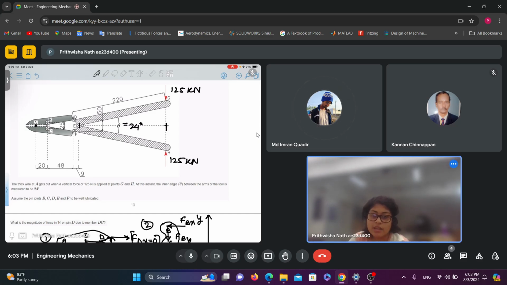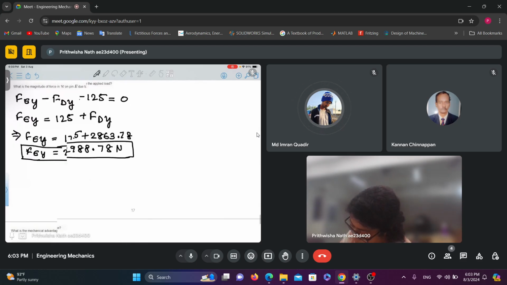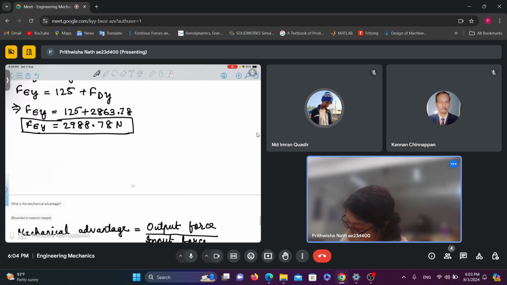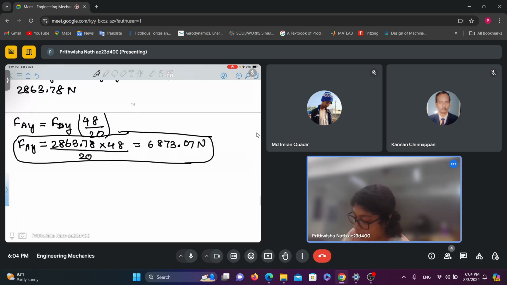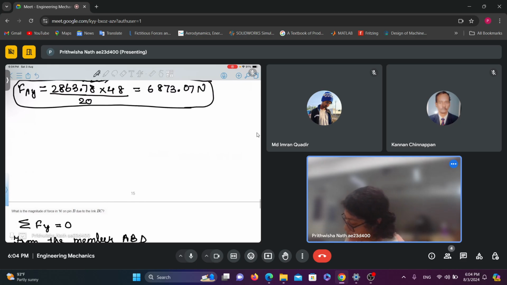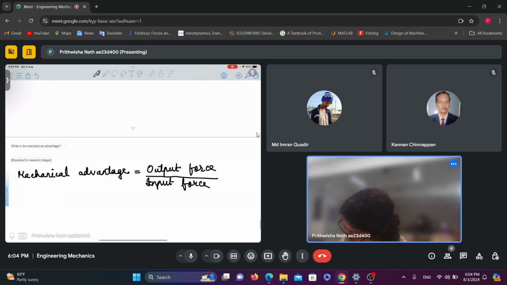The force at A, right? It is used to cut the wire. Yes, ma'am. So the output force should be F_AY, right? Therefore, 6873.07 divided by the input force, which is 125.